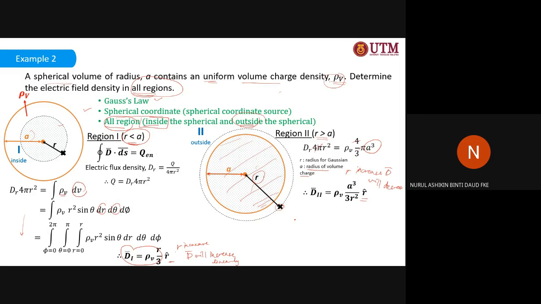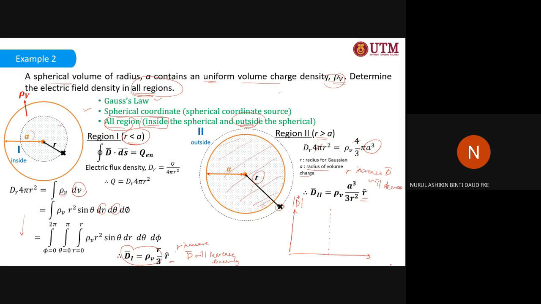And if you draw a graph, how will it be? This will be the field distribution.